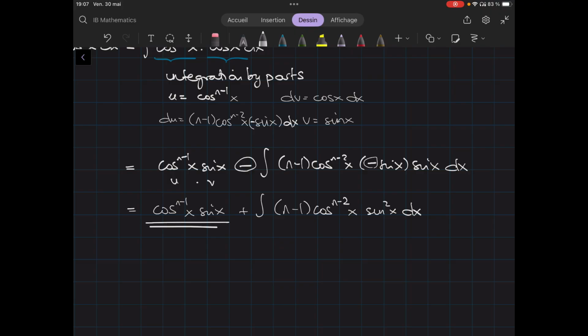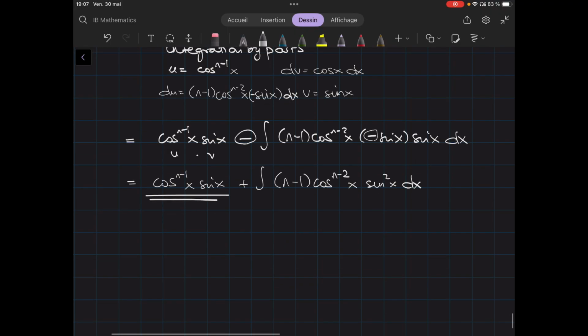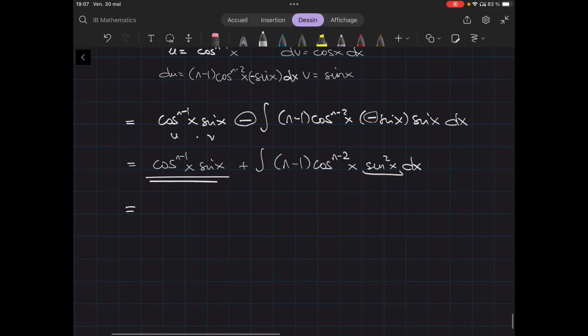Notice that our integral is entirely in powers of cosine, and we have sine squared here. So the only logical move is to use the Pythagorean identity to express this as 1 minus cosine squared.